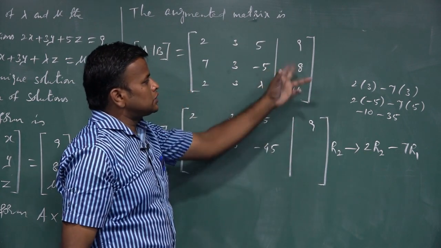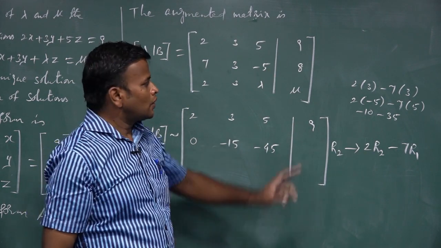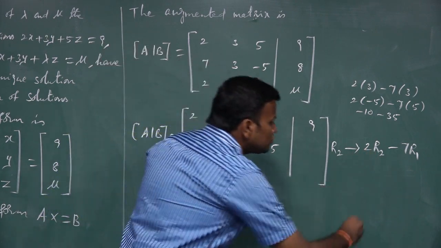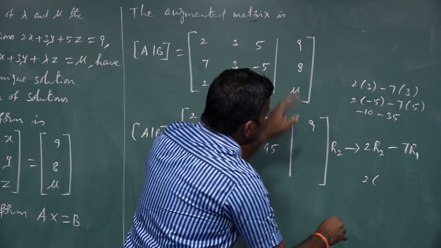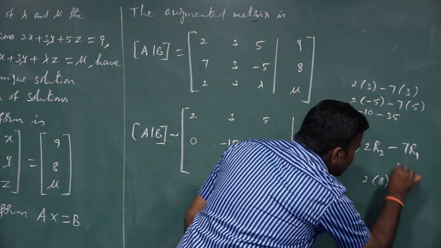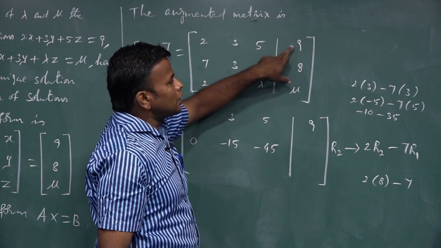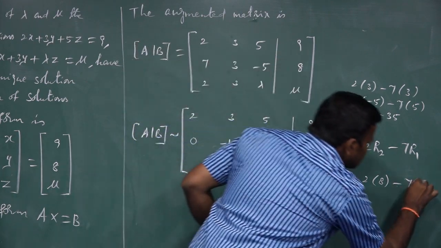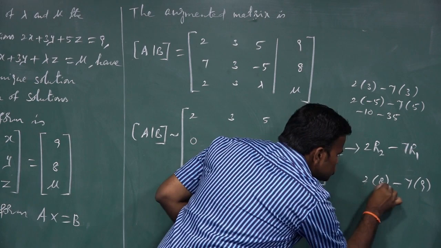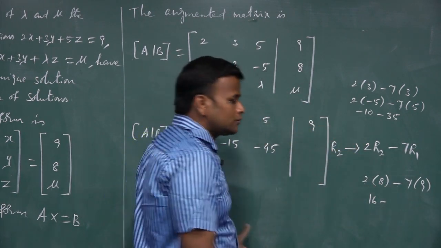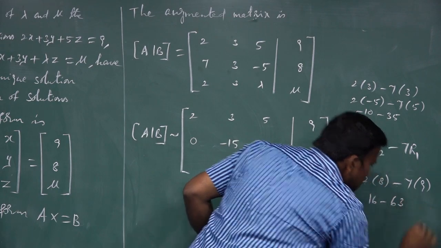Okay. The next number is 8. How to change the number 8? We write R2 as 2R2. 2 times the R2 value, which is 8, minus 7 times the corresponding value of R1, which is 9. 2 eights are 16, minus 7 nines are 63.